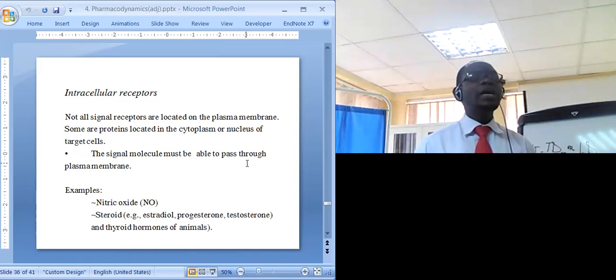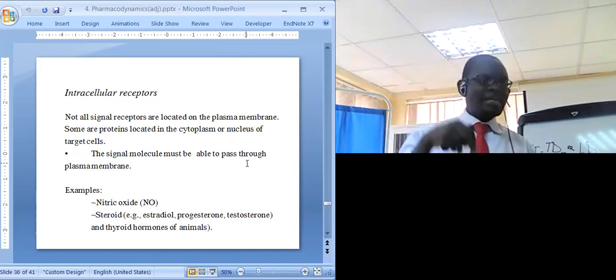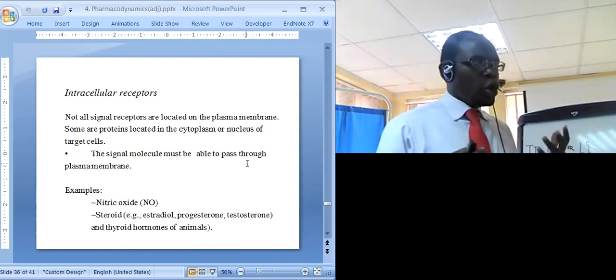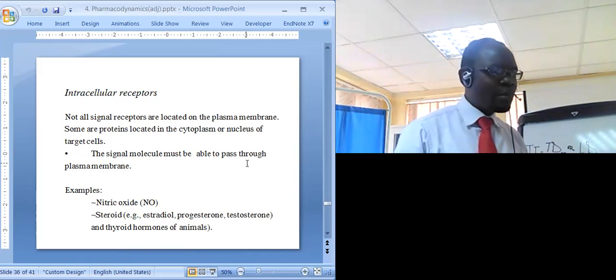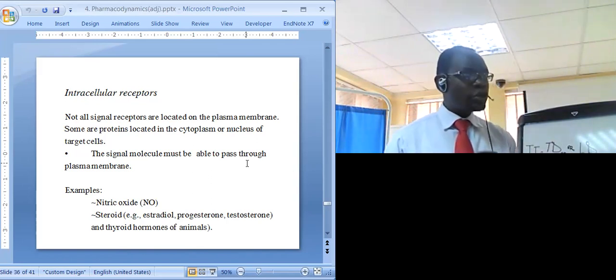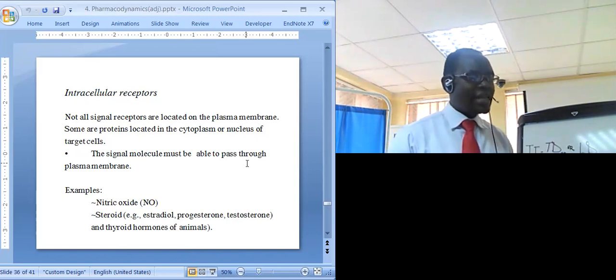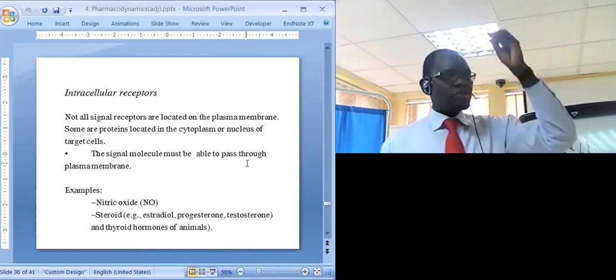Therefore, there should be ways for the drug to get inside the cell. Not all signal receptors are located on the plasma membrane. Some are proteins located in the cytoplasm or nucleus of the target cells, and the signal molecule must therefore be able to pass through the cell membrane.